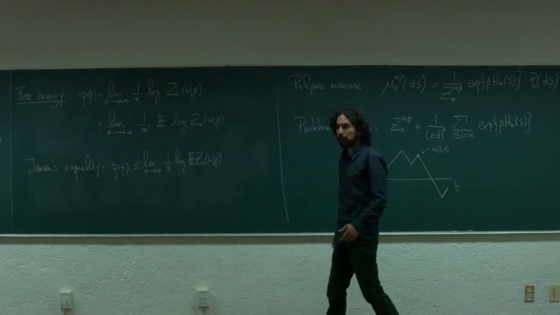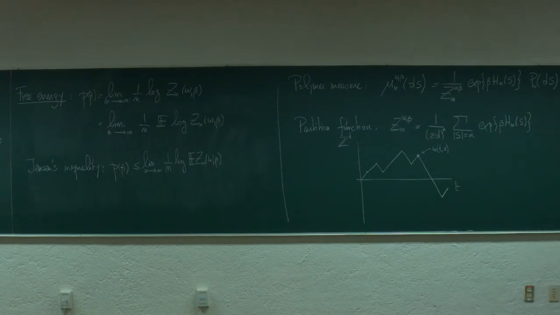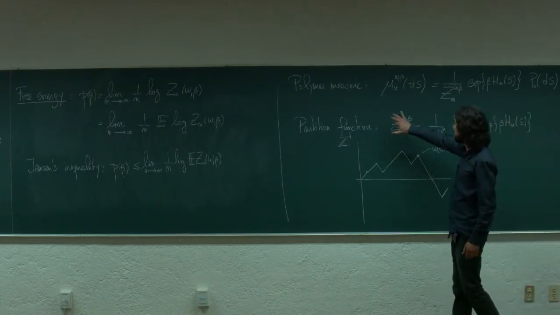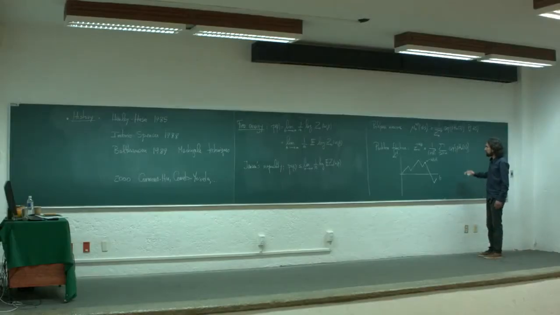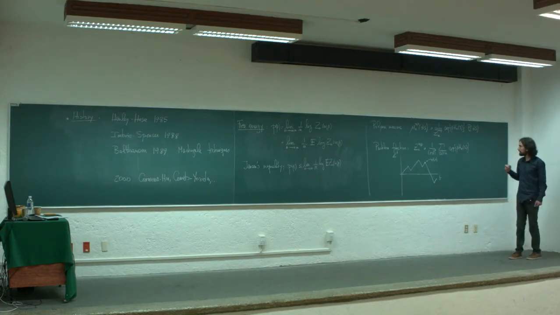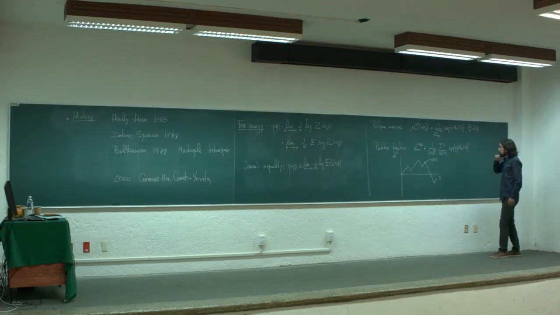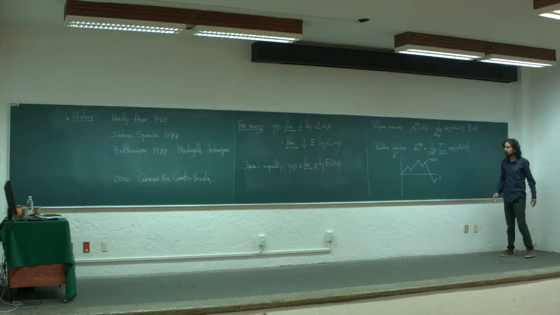And this is something you can just compute by independence. So you are computing the expected value of this quantity. So everything is IID. The 2^n cancels with the number of terms in the sum, and you just end up with the expected value of beta times the energy of the path, of any path. But again, this is IID, so it's just a product of expected values of exponential of beta times a single omega.